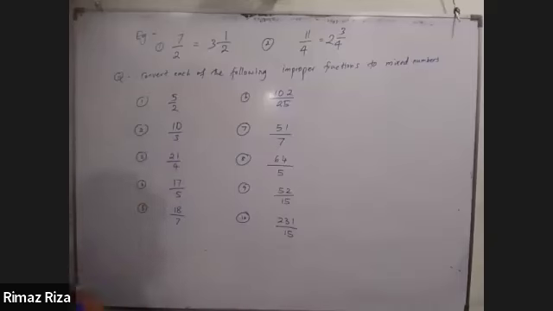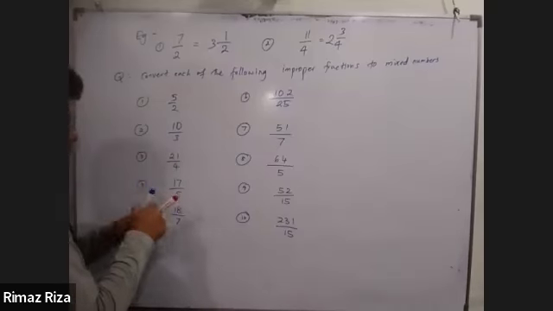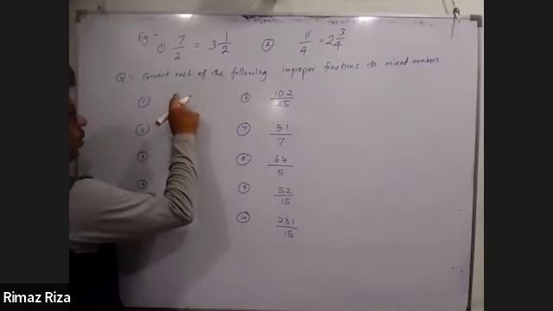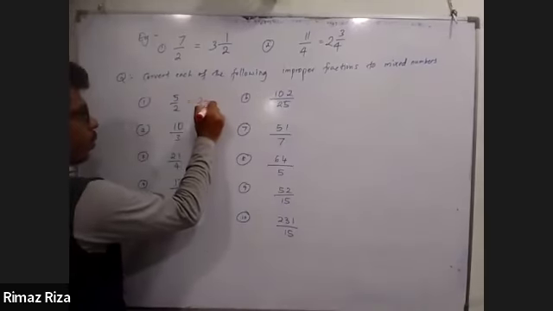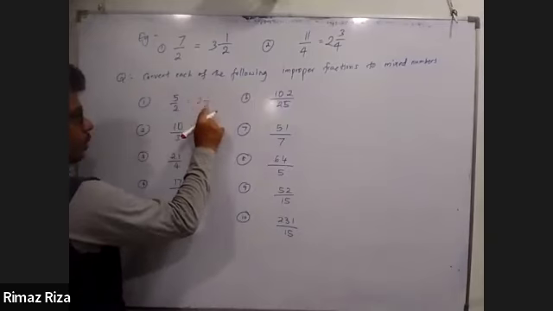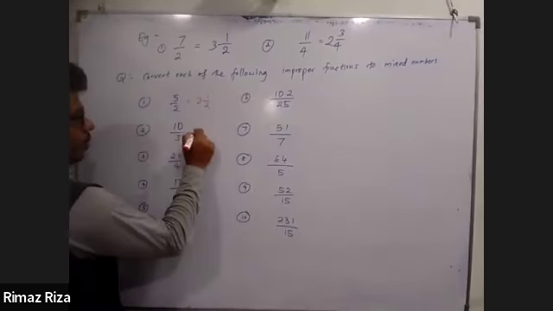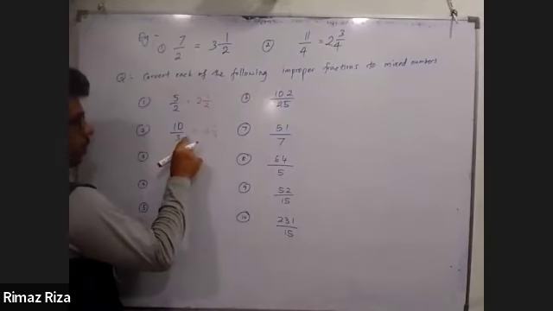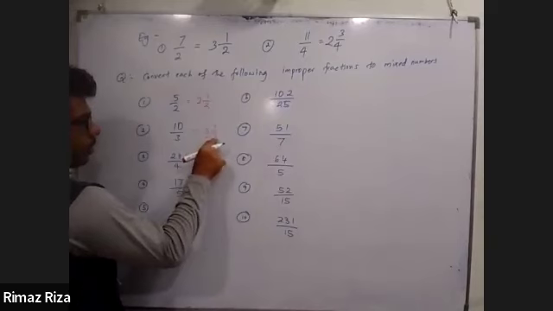So I write the answers, you check whether it's correct. Here we have 2 into 2 is 4, and remains 1. 4 plus 1 is 5. The denominator won't change, it's 3. 3 into 3 is 9, remains 1.